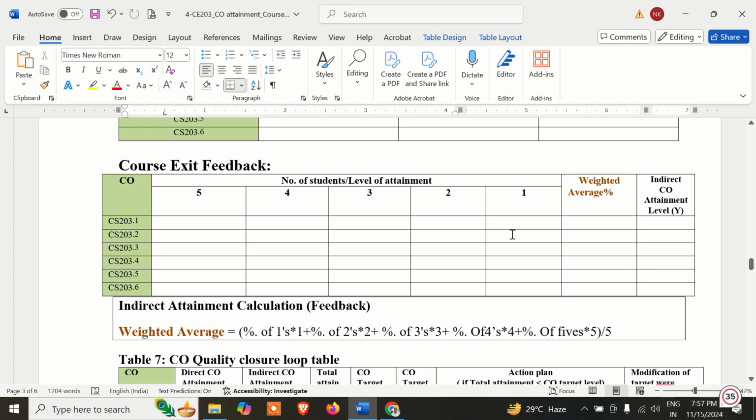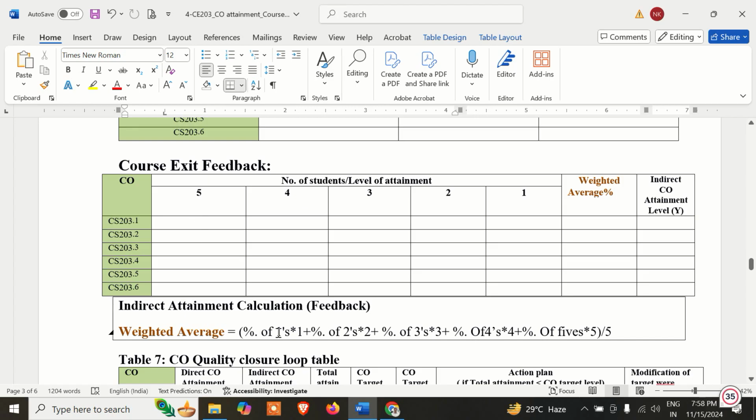The indirect assessment of the course outcomes is always with the help of a feedback at the end of the semester. Now, on the scale of 1 to 5, when you are asked about the course outcomes, whatever is the percentage you get, you have to calculate the weighted average.